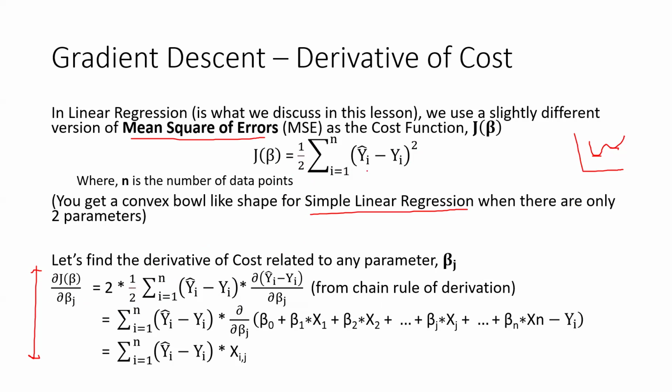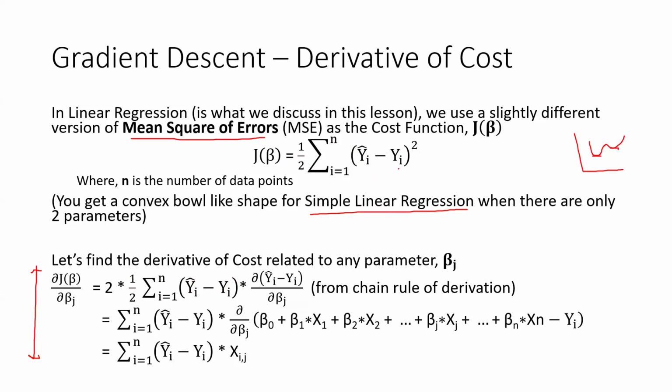First we take the power 2 and multiply it with this term, so 2 times half of this value: one half, sum from 1 to n, of y hat i minus y i, the error, to the power of 1, since the power 2 is reduced to 1. And it is multiplied by the derivative of this term.